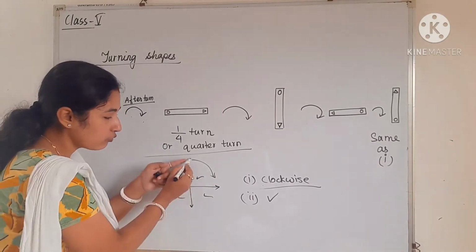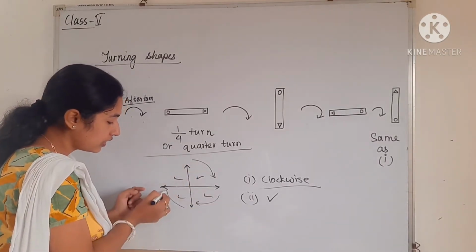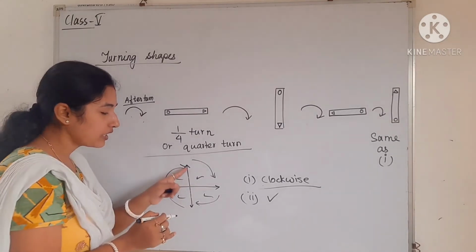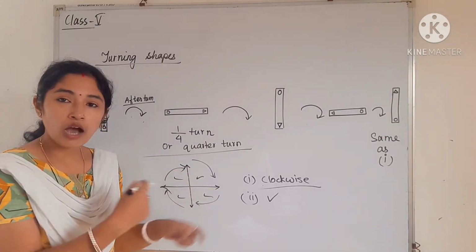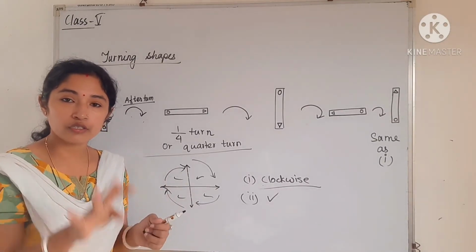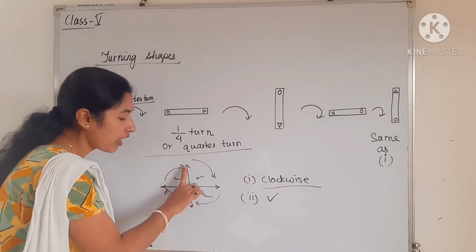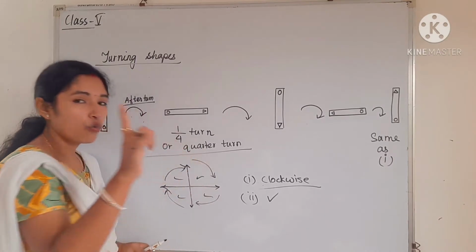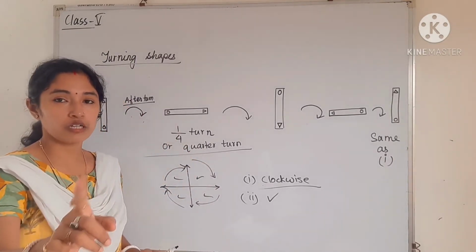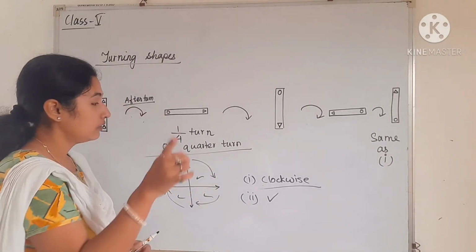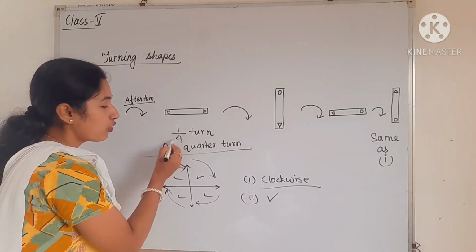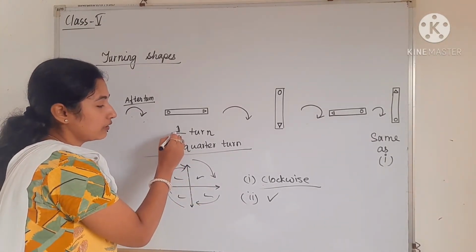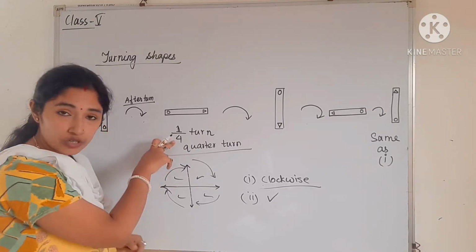For coming to the same position, we have to cover 4 turns, and out of 4 turns we have finished 1 turn till now. So out of 4 we have covered 1 turn. That's why it is called 1/4 turn.